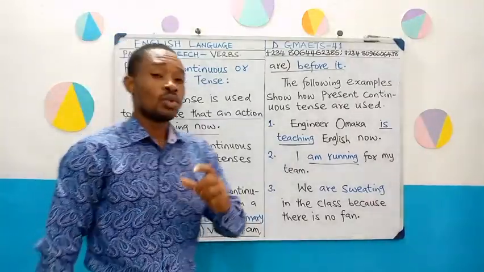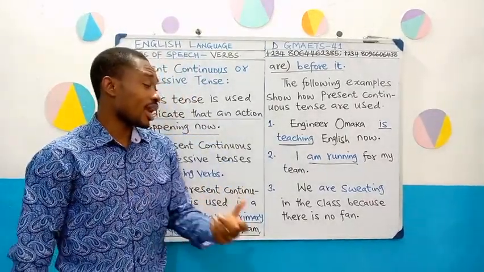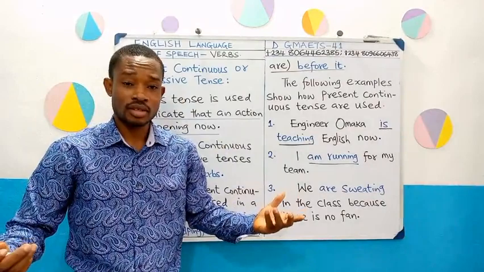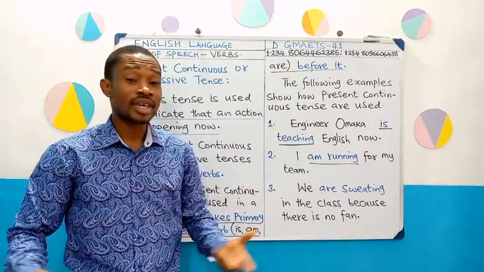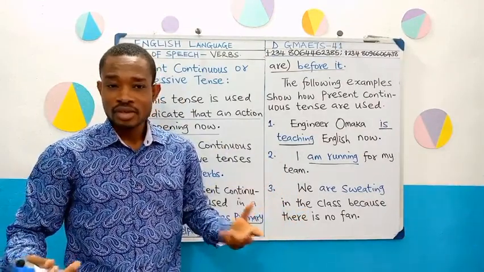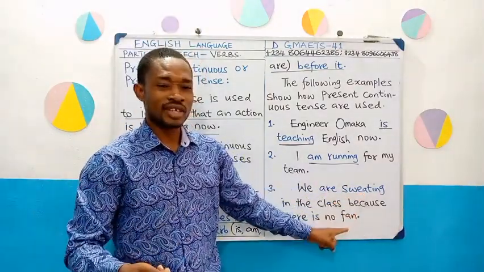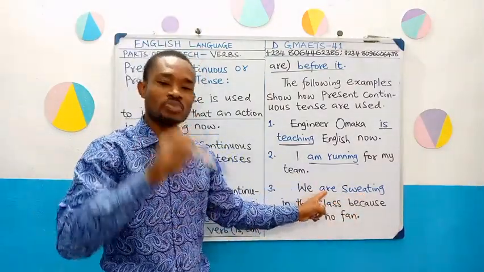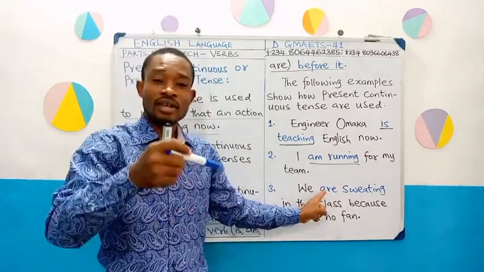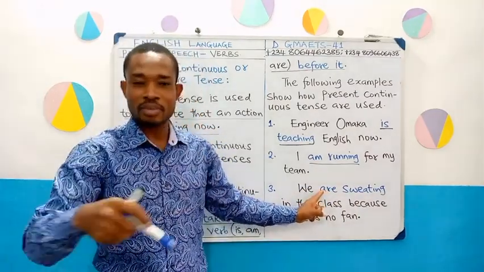Number three, we are sweating in the class because there is no fan. So the continuous tense there is sweating. If I want to make it present, it must go with a present primary auxiliary verb. That is a present primary helping verb.